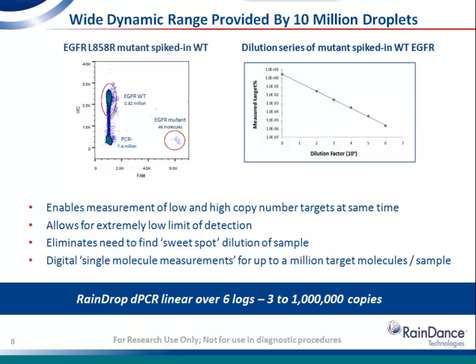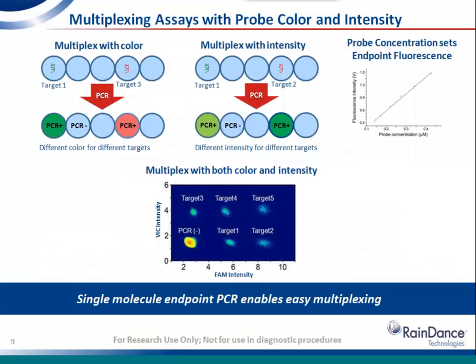By having sufficient dynamic range for creating these single molecule formatted droplets, assay multiplexing is also enabled. As I mentioned, there are 2 detectors on the system, and it's very straightforward to imagine how duplex assays, as was just shown, are performed, where for target number 1 you have a probe which is, for instance, FAM labeled, and for target number 3 you have a probe which is Vic labeled.